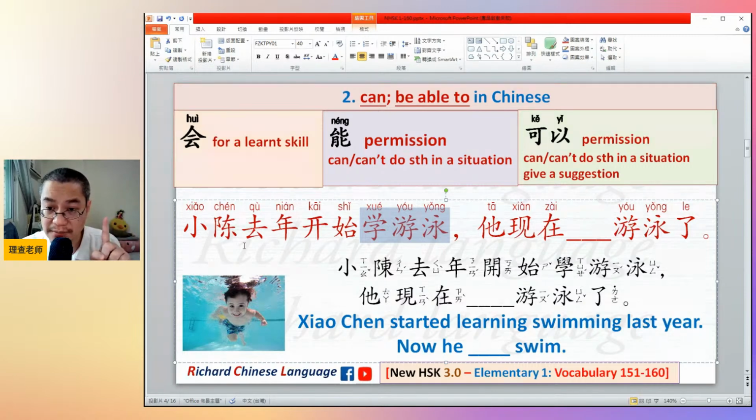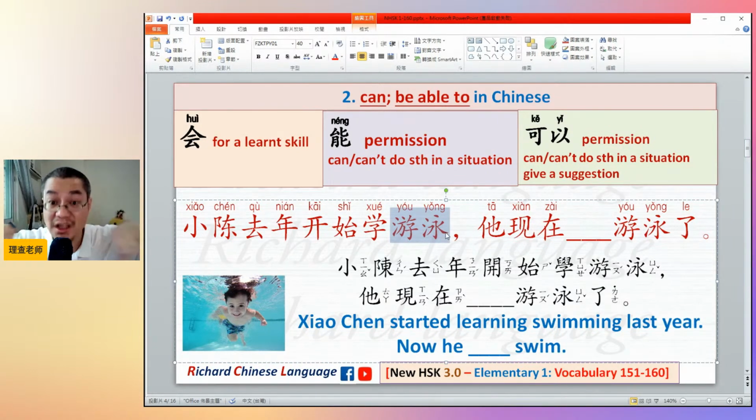Okay, 小陈 is this boy. 去年 means last year. 开始 means to start or to begin. 学 means to learn. 游泳 swim. 小陈去年开始学游泳。小陈 last year started learning swimming.